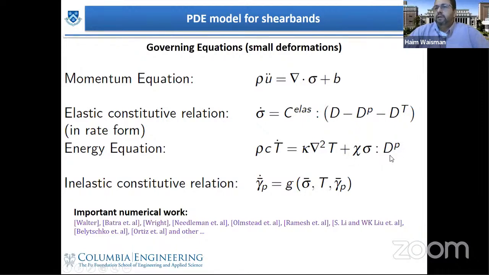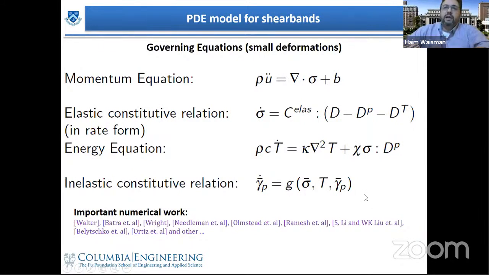Sigma contracted with D^p is essentially the plastic work that's being generated, where chi is known as the Taylor-Quinney parameter, which converts plastic work into heat, since some of the work is not dissipated as heat but goes back and drives this equation. And the last equation here is the plastic constitutive law, or the flow rule.